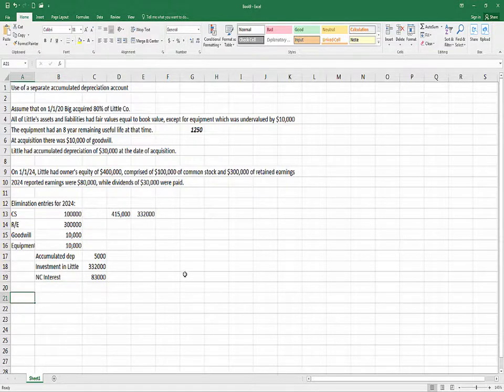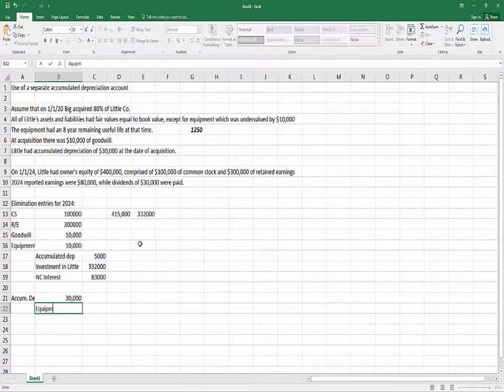Okay. As a separate entry, we can get rid of the accumulated depreciation at the date of acquisition. So at the date of acquisition, there was $30,000 of accumulated depreciation, and so we're going to eliminate that. Again, to me, this is the easiest way to do this because we've got two things going on with our accumulated depreciation.